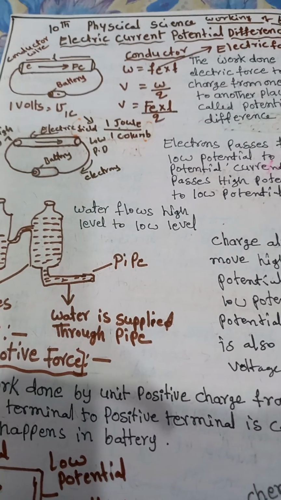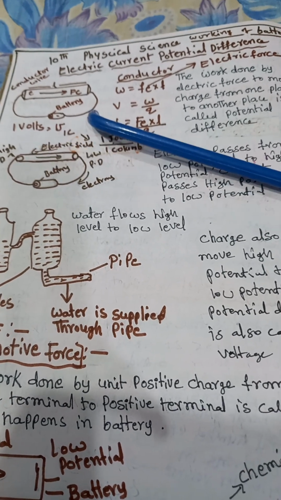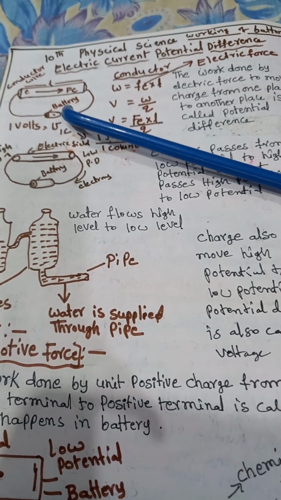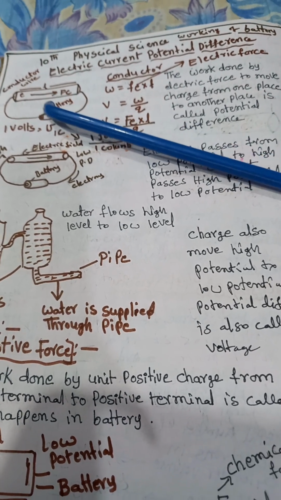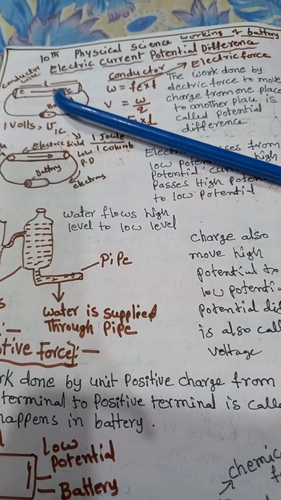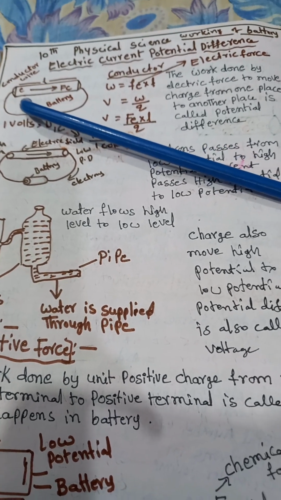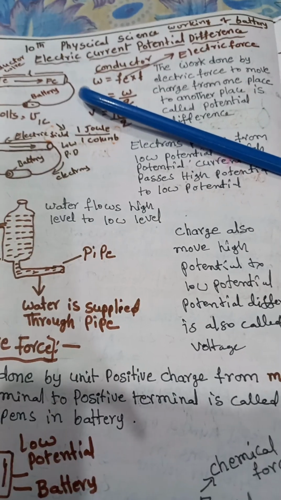So when the unit charge moves from one place to another place, during this period electric force is created inside the conductor. So this electric force makes the unit charge move from one place to another place.